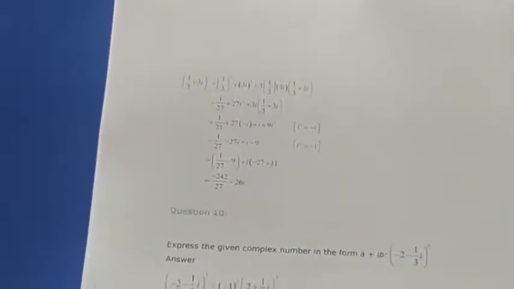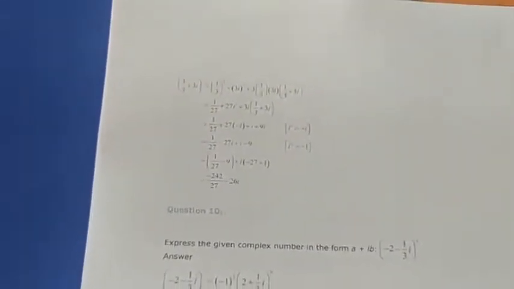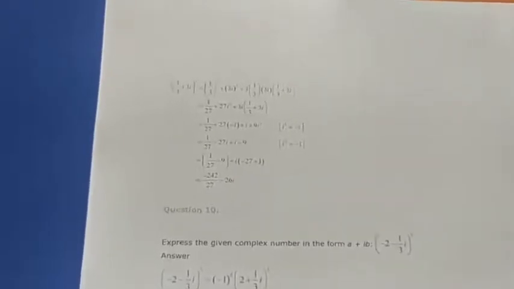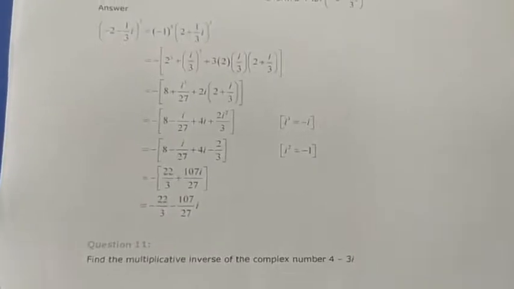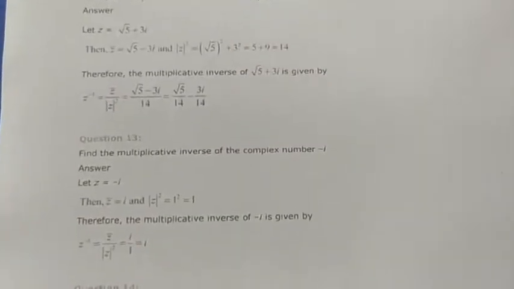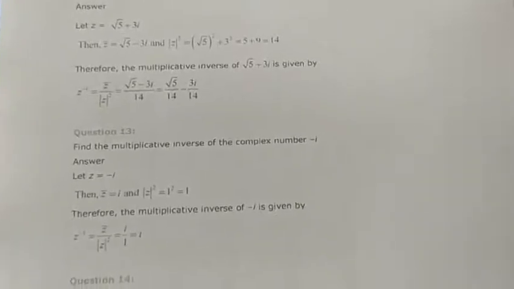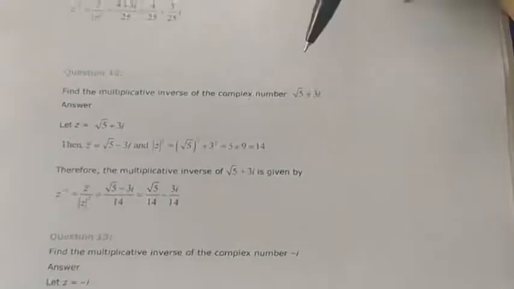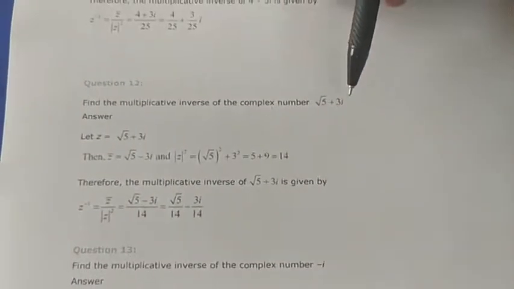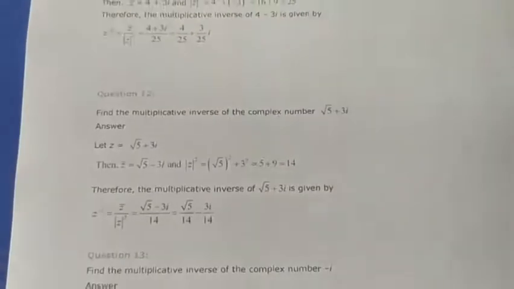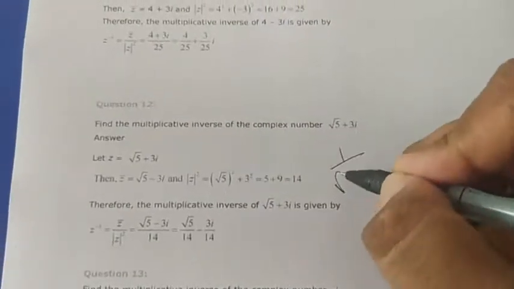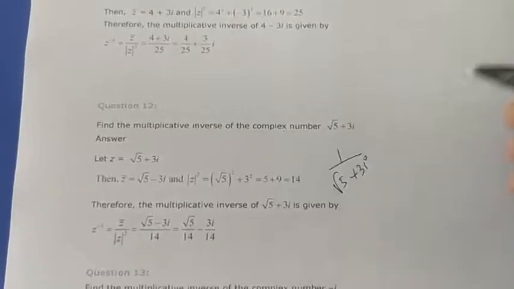Right. Next, question number 11 is the multiplicative inverse of the given complex number. You just have to take the reciprocal. Multiplicative inverse of 4 - 3i. You have done the reciprocal or multiplicative inverse, not for complex numbers, in the 7th standard also. Multiplicative inverse of root 5 + 3i. Just take the reciprocal: 1 by (root 5 + 3i). This is the multiplicative inverse.